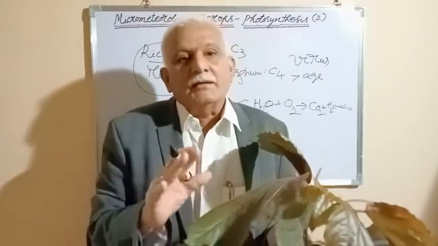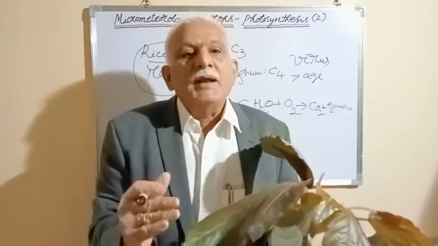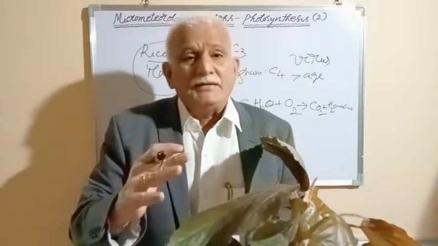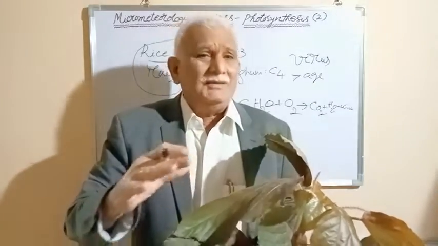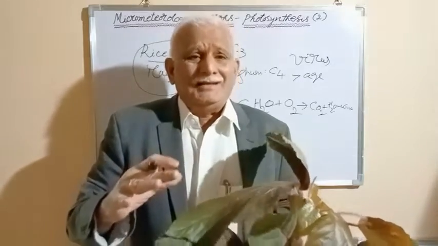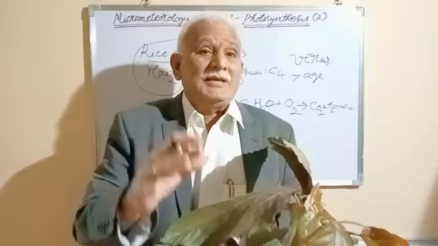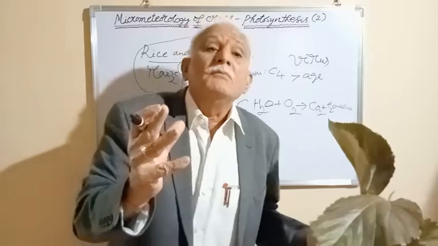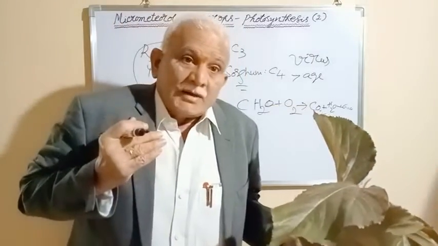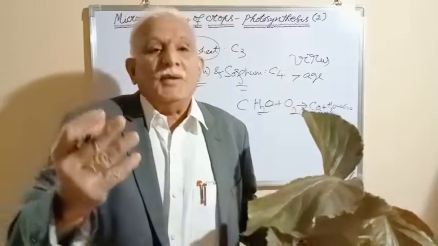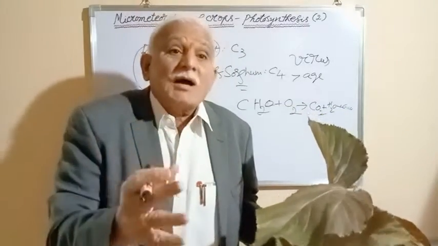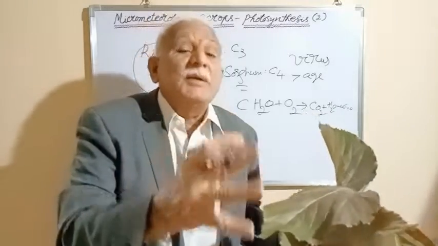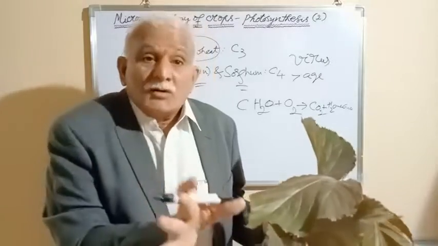C3 plants like rice, wheat, these plants have some limitations: even though light intensities are more, the photosynthesis reaches saturation at a certain level. Whereas in case of C4 plants like sorghum and maize, that is corn, as light intensity increases, the 4-atom carbon is fixed, with the aid of other pigments in the chlorophyll.